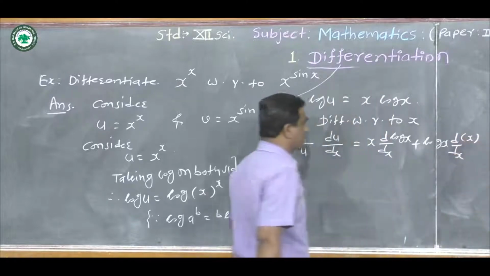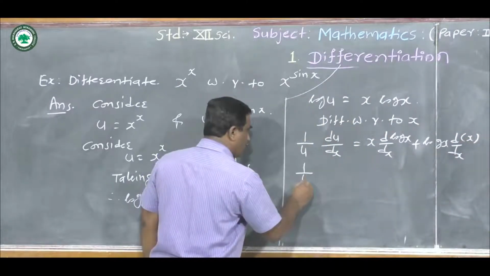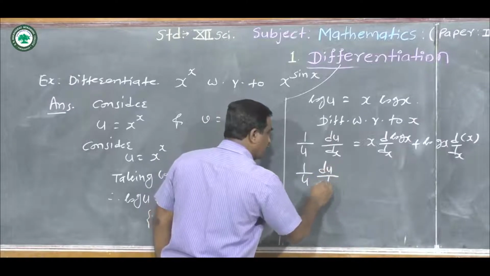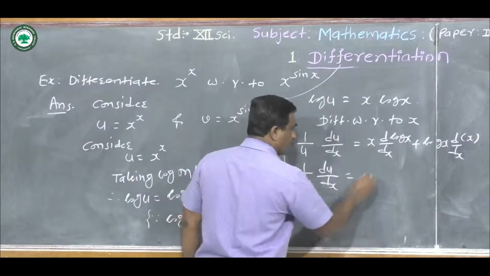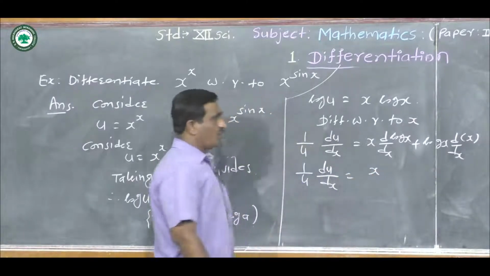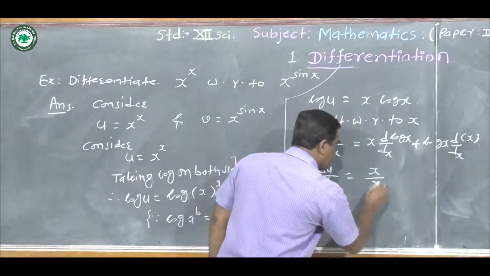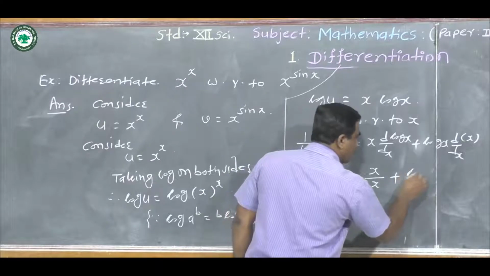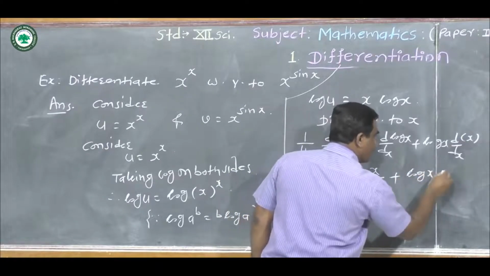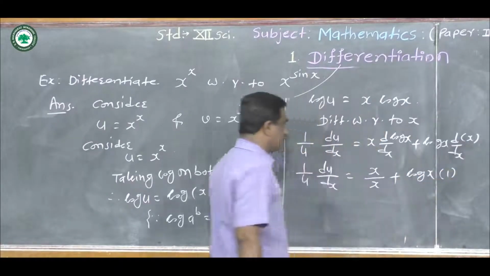That is 1 upon u into du by dx equal to x as it is, derivative of log x with respect to x is 1 upon x, plus log x as it is, derivative of x is 1.